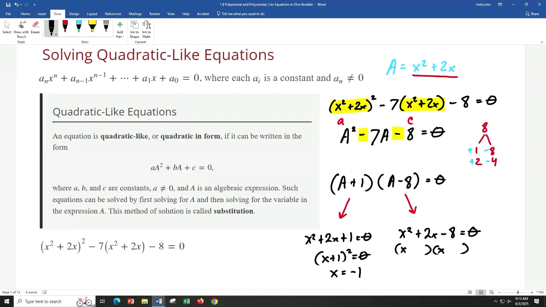Different signs, larger one's positive, correct? How about 4 and 2? How does that sound to everybody? Everybody okay if I start skipping the AC method just a little bit? Notice you can go and check, hey, 4 minus 2 does give me the positive 2. 4 times negative 2 does give me a negative 8. That works. And so now I get x is equal to negative 4 and 2.